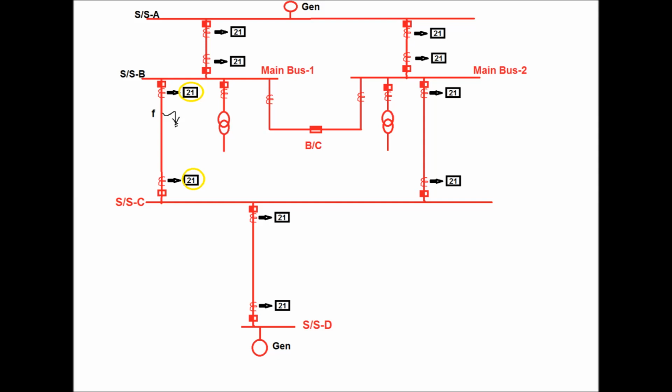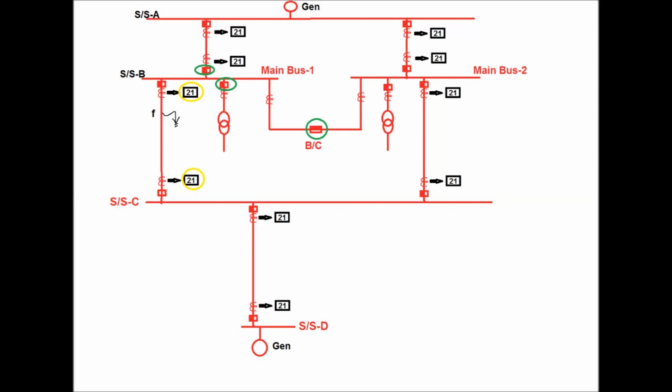So the bus coupler breaker is on. Now power is flowing and a fault occurs on the substation B to substation C main bus 1 feeder. So the 21 or distance relay located at substation B end and substation C end should energize and clear the fault at either zone 1 or zone 2 time depending upon the fault location.